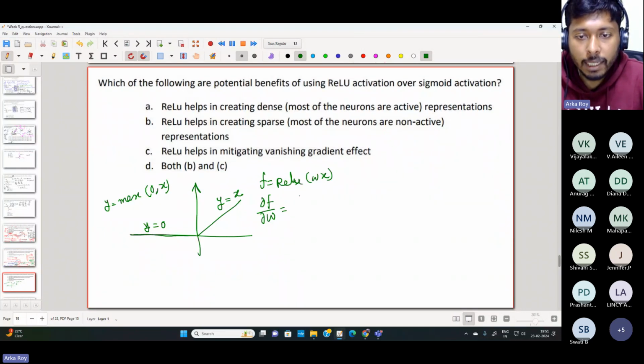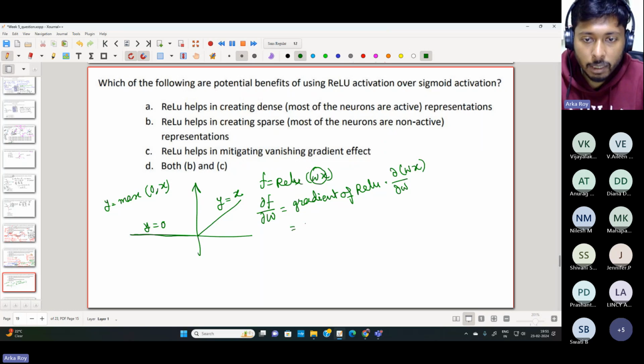Over here what we'll get is the gradient of ReLU multiplied with this particular term's gradient, del w of w into x. So that is the gradient of ReLU multiplied with x.